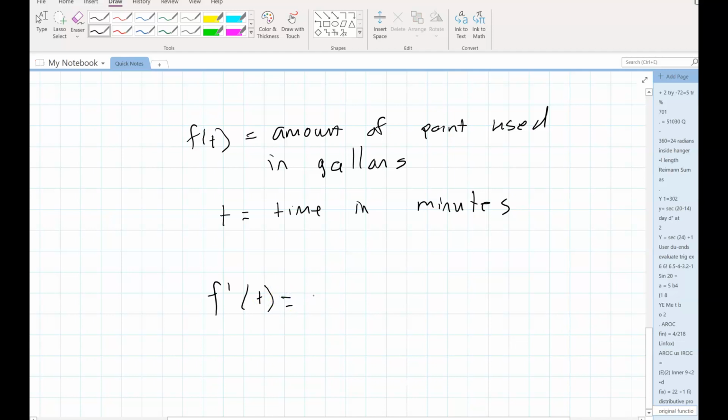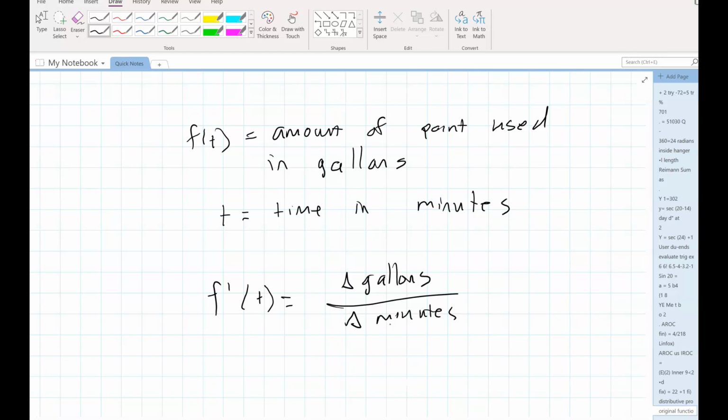And so think about units. Remember, the derivative is the rate of change of the dependent variable compared to the independent variable. So the dependent variable is measured in gallons. So this would be change in gallons compared to change in time, change in minutes. So the derivative of this function is comparing the change in gallons to the change in minutes.